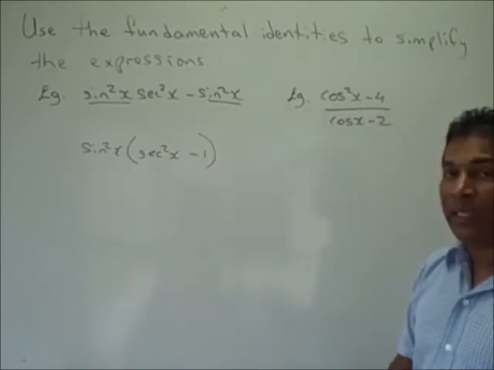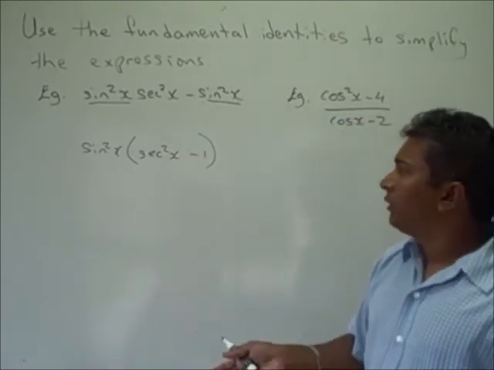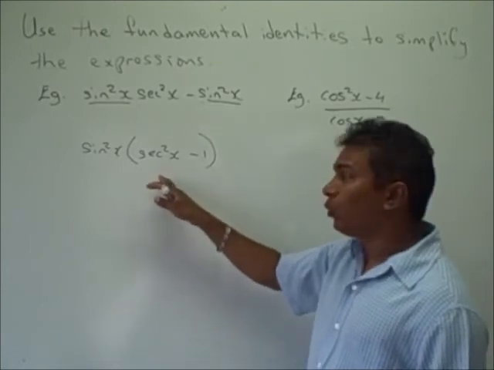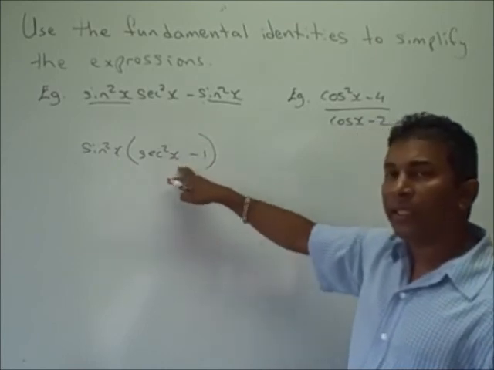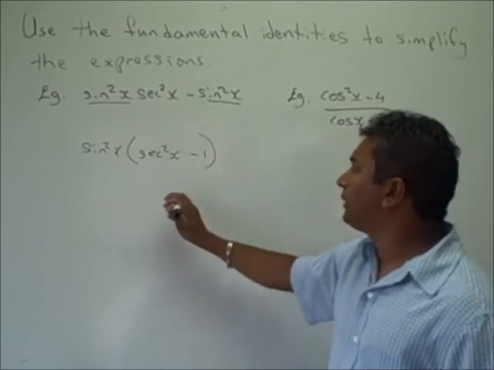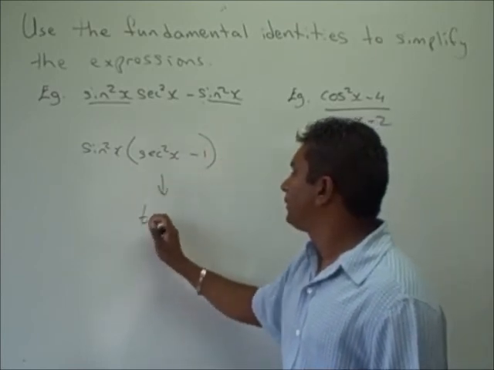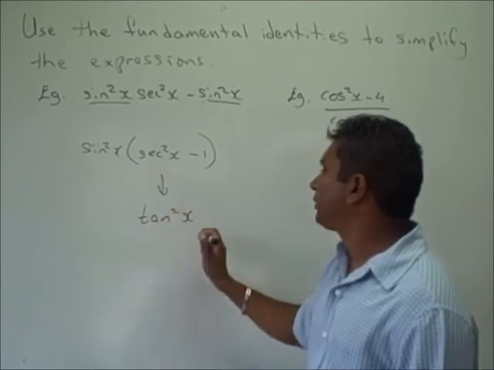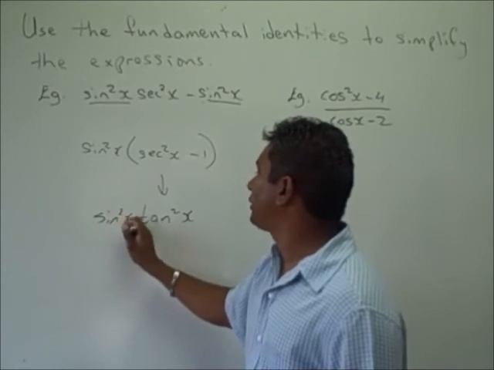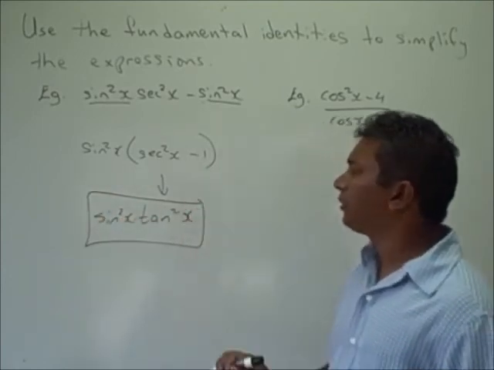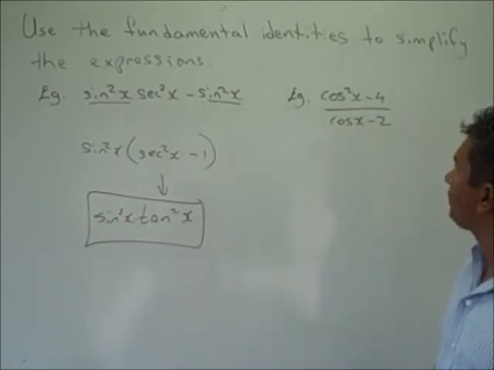One of our Pythagorean identities is tan squared x plus 1 is equal to secant squared x. So secant squared x minus 1 will be equal to tan squared x. And this is times the sine squared x that we have. So here is our final answer.